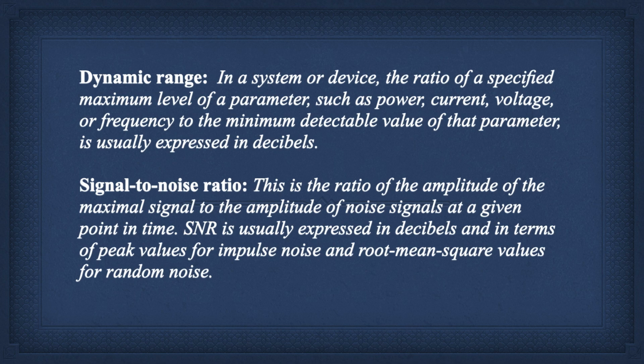So here are definitions of dynamic range and signal to noise ratio. I'm just going to simplify these definitions for people in physics or engineering. The definitions are there. So the signal to noise ratio, let's say, is the maximum signal detected relative to the noise level.